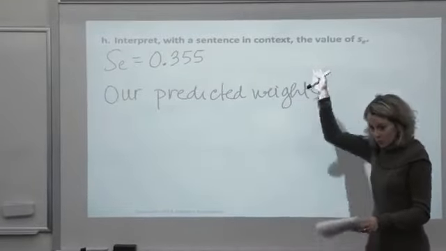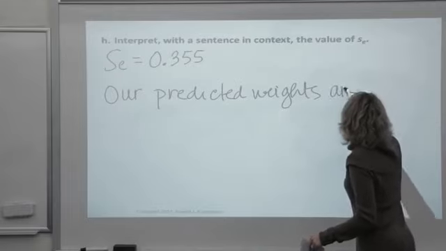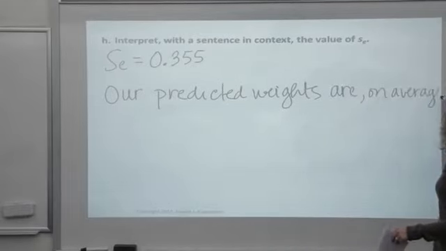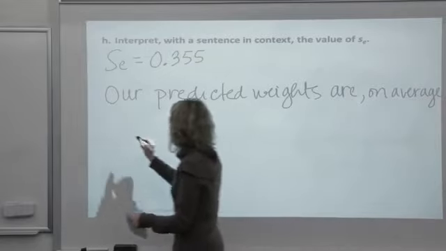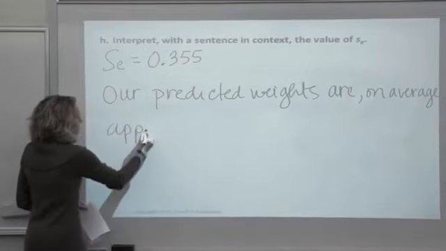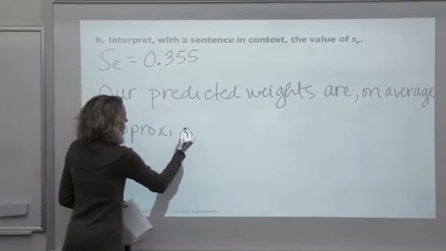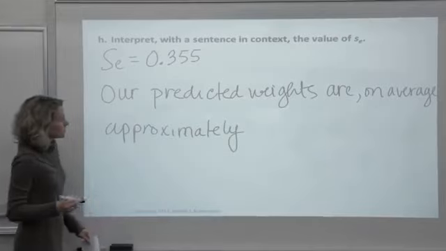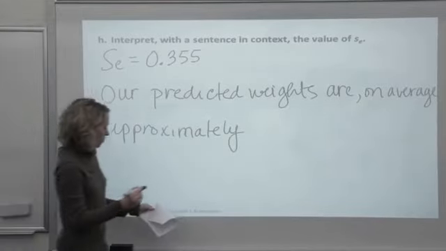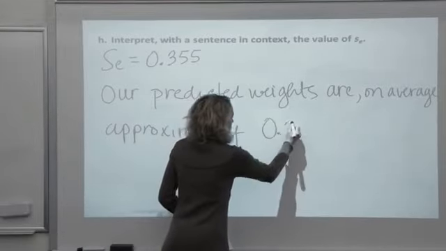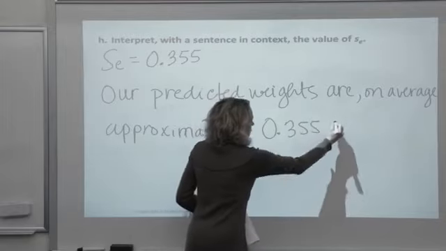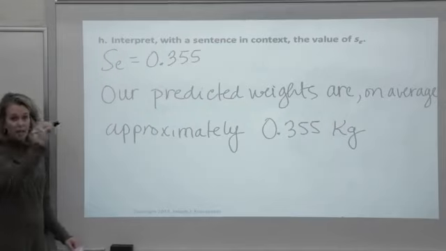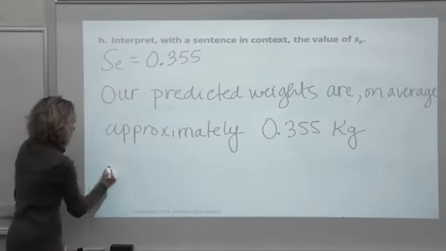Your predicted weights are the weights on the line. So our predicted weights are on average approximately 0.355 kilograms off of the actual weights. The actual weights were your actual dots.